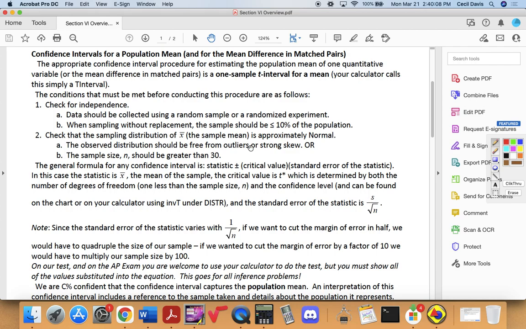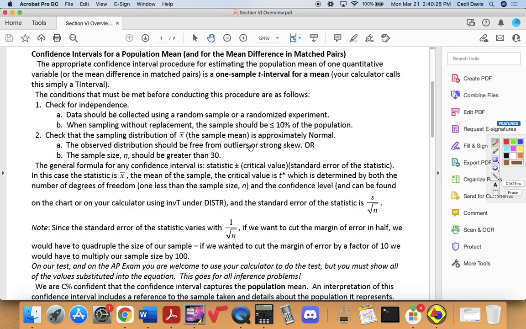What are the conditions? Basically, the conditions are always, in general, the same. Two things. One is you have to have independence, and two, that your sampling distribution is approximately normal. How do you ensure that?